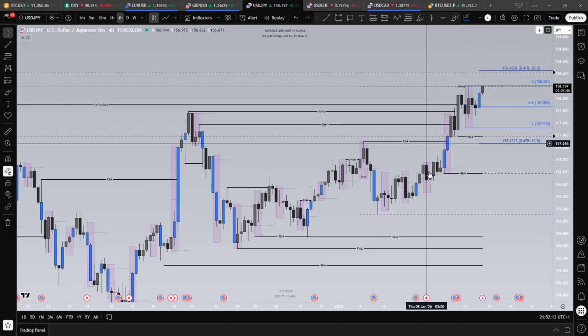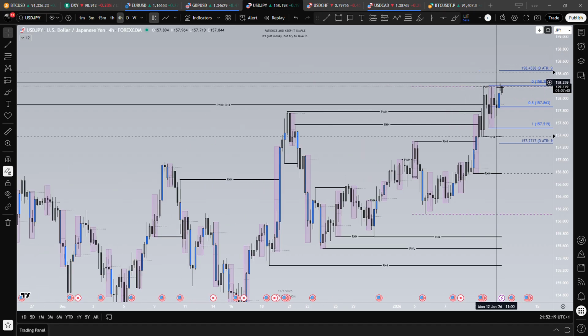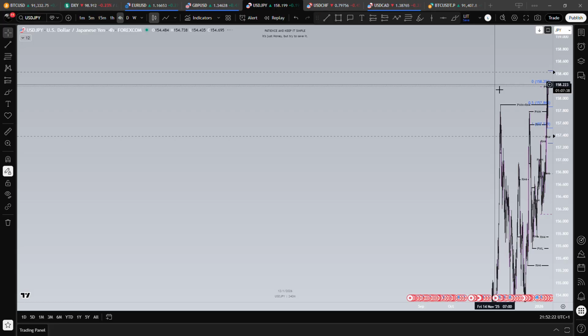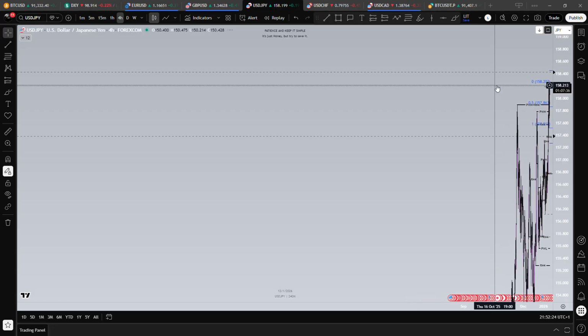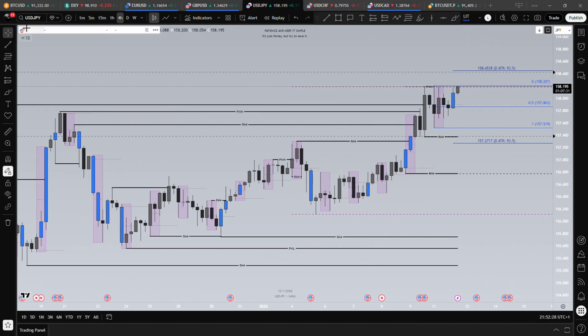USDJPY, in this case we had nothing, the price started going up today again. It took the previous weekly high on Asia, so for tomorrow we have no round liquidities here. Okay, so I'm not gonna be able to look for any reversals, but we have this round liquidity on H4, so probably we can look for reversals if we take this or some continuation.